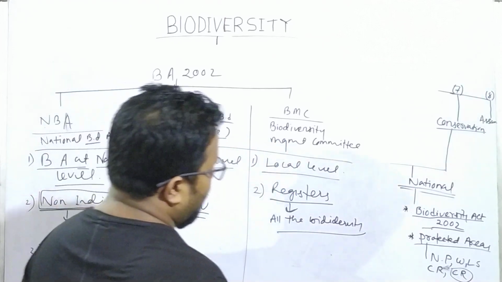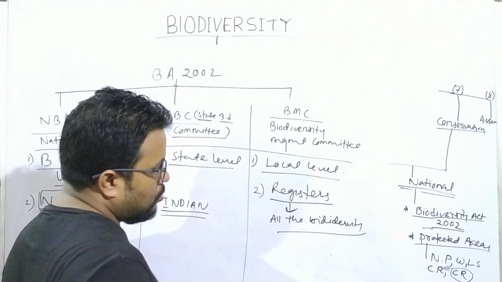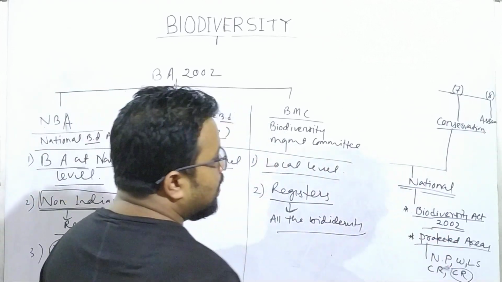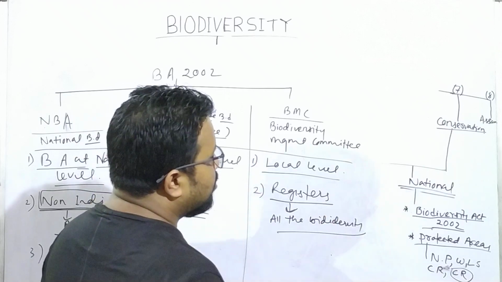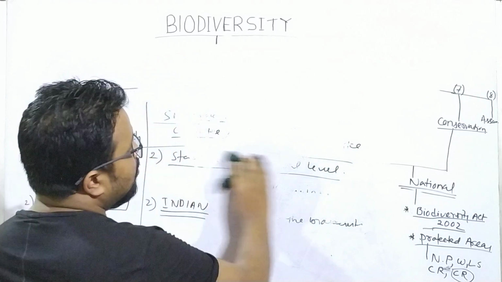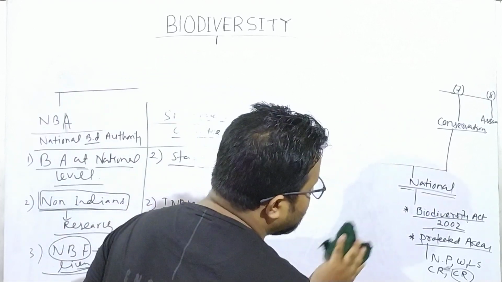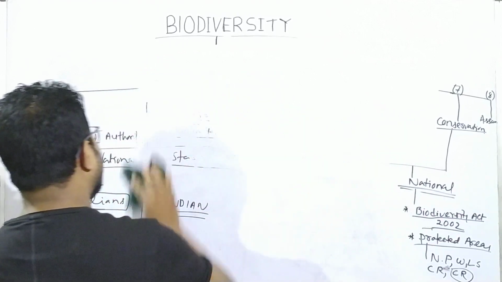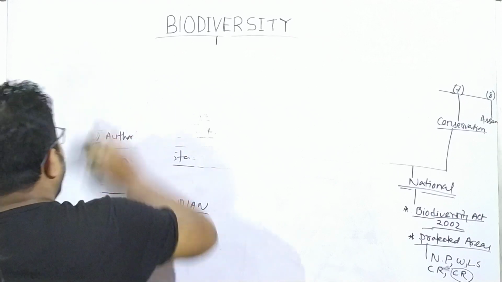Okay, next one is protected areas. By declaring protected areas also, the conservation of biodiversity can be done. Now, what are protected areas?